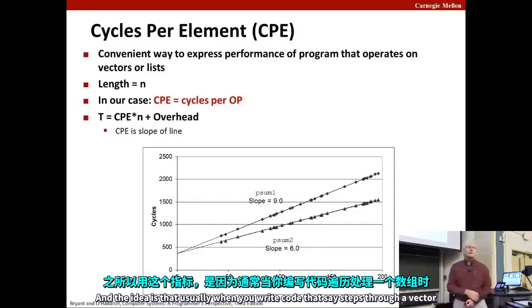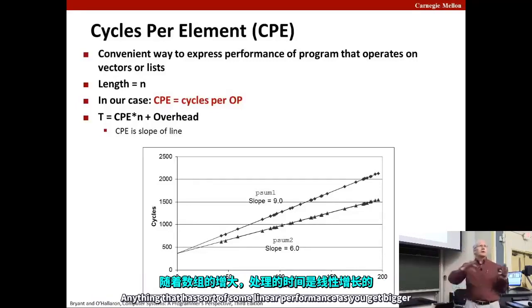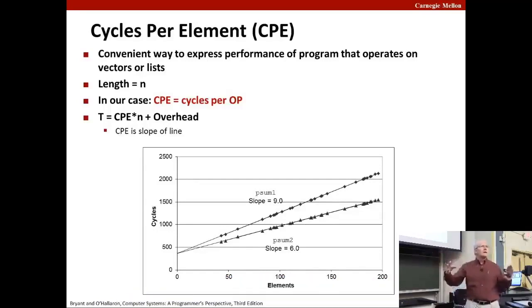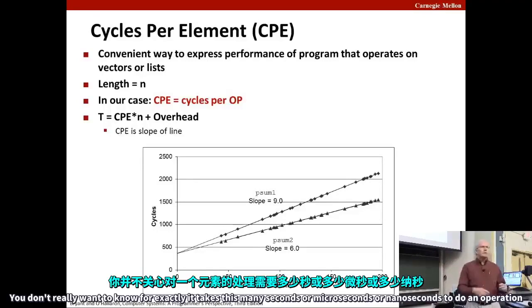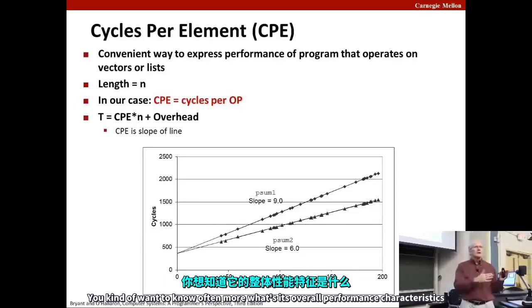And the idea is that usually when you write code that, say, steps through a vector, anything that has sort of some linear performance as you get bigger, you don't really want to know exactly how many seconds or microseconds or nanoseconds it takes to do an operation. You kind of want to know more what its overall performance characteristics are.